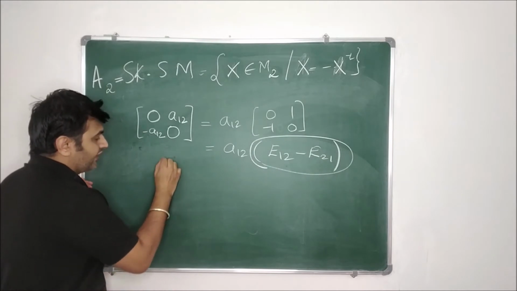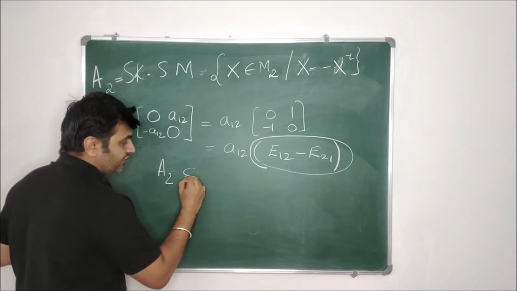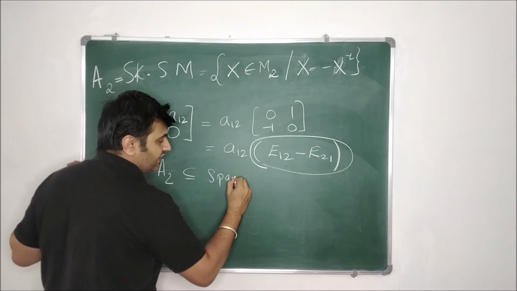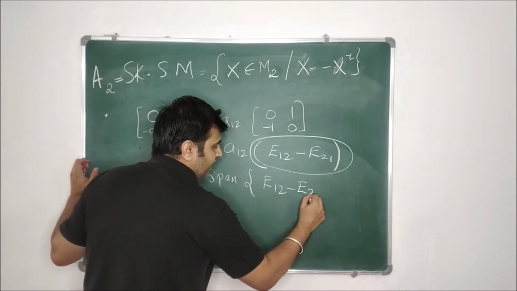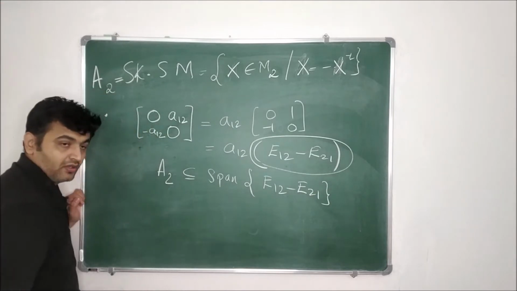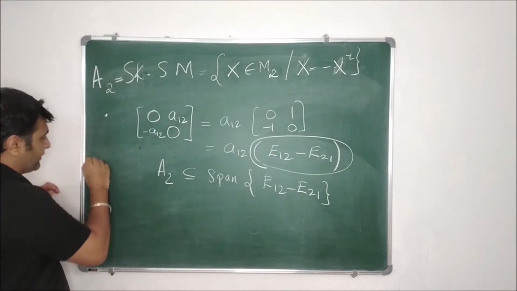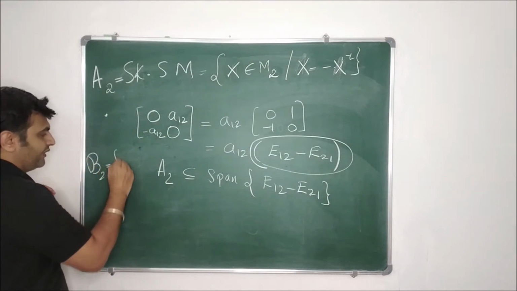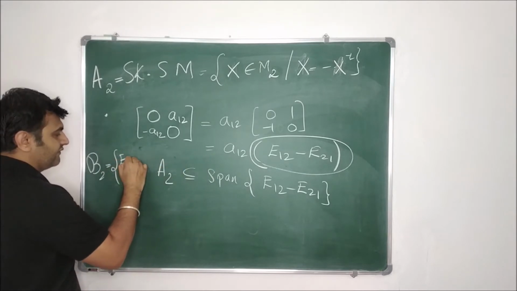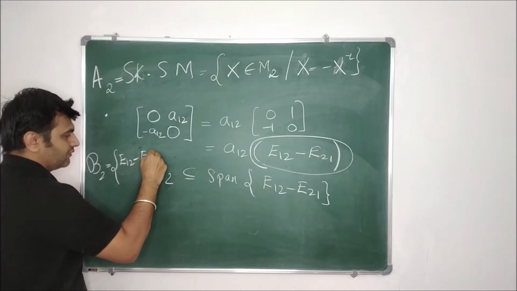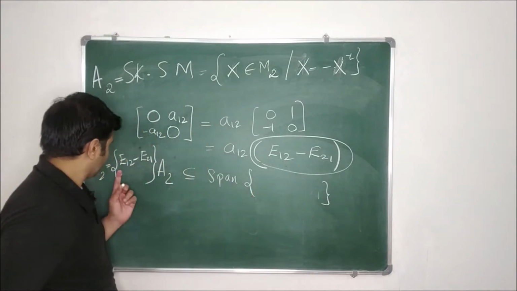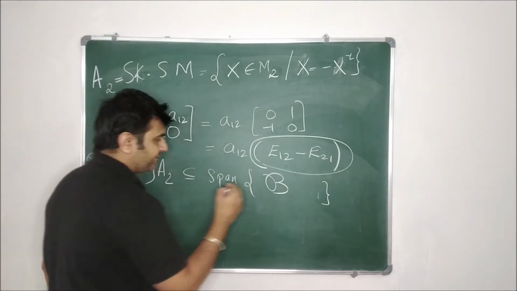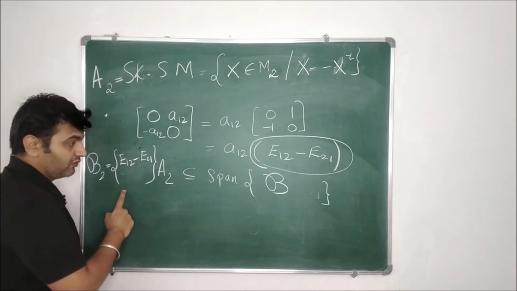So your A2 is a subset of the span of this one matrix, E12 minus E21. Let me call this matrix B2. Then A2 is a subset of the span of B2.